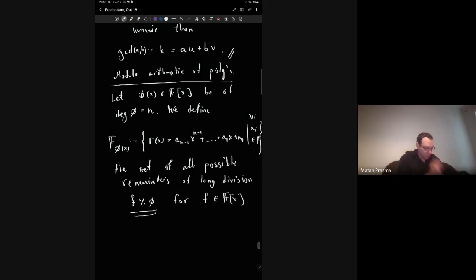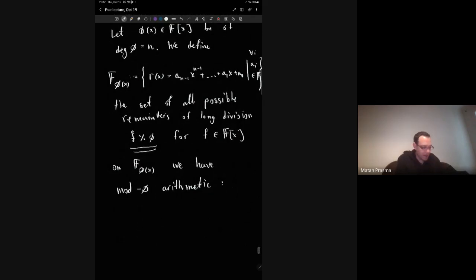Now on f_phi(x) we have what I call mod phi arithmetic. Namely, let's say you take r and s in f_phi(x). You can do r plus s modulo phi.